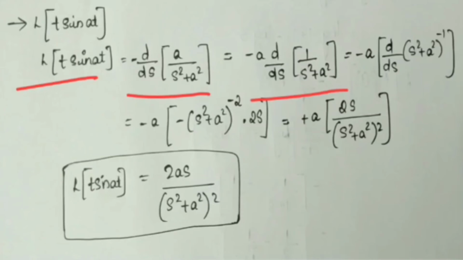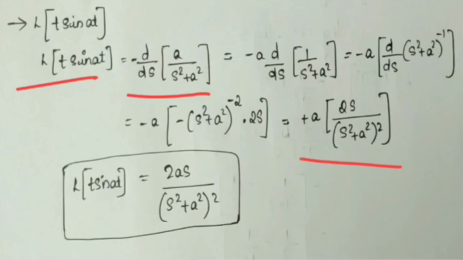which is equal to minus a d by ds of (s square plus a square) raised to minus 1, right? Now we'll get minus a into minus of (s square plus a square) raised to minus 2 into 2s. The 2s is the derivative of s square, which is equal to minus of minus becomes plus.